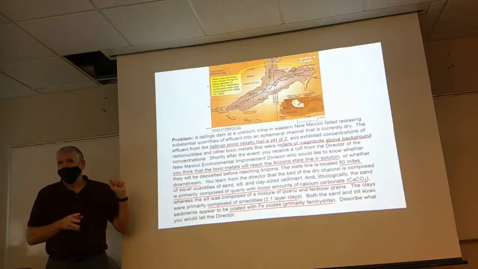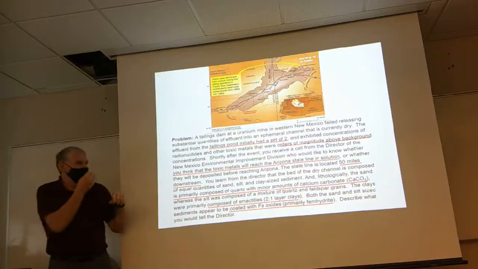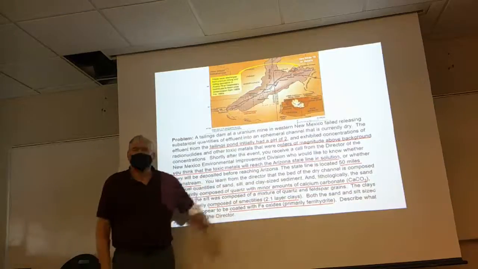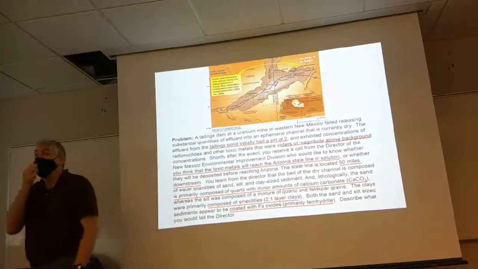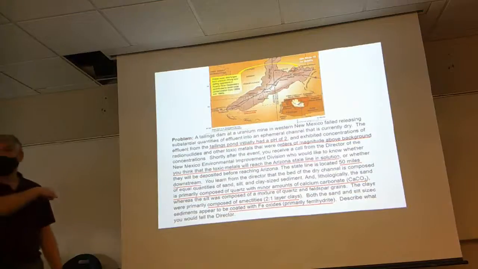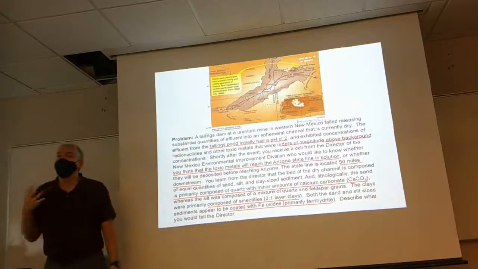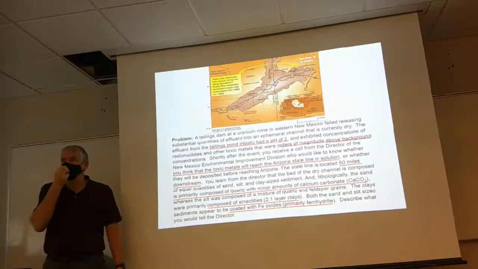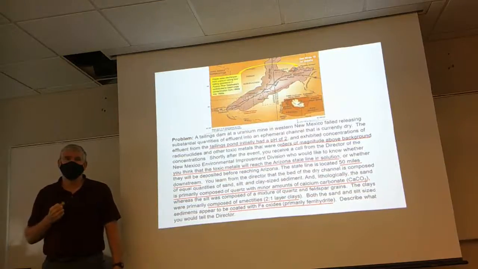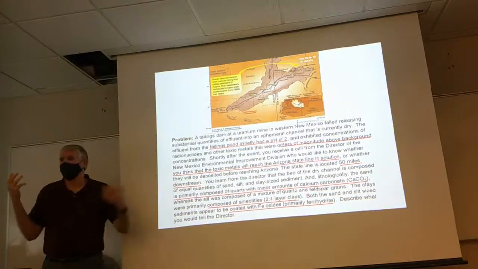All right, let's say we add something to it. Let's say that there's a little bit of calcium carbonate, but I didn't want it to make the state line. What might I do immediately to try to remediate the situation? I could go get what from the store?